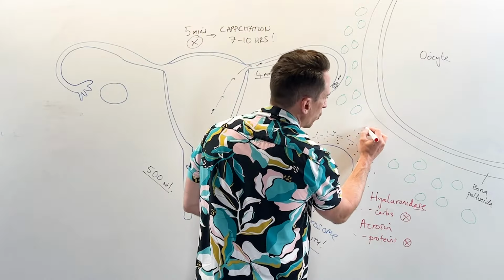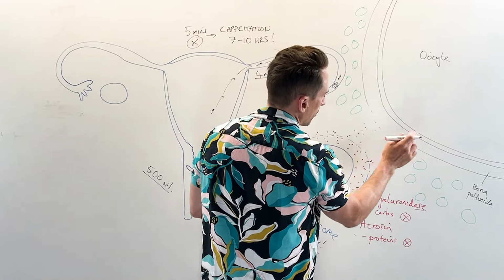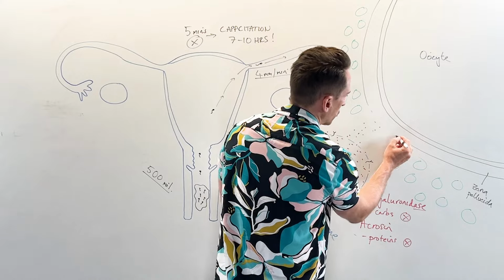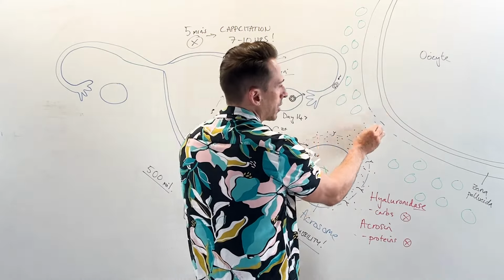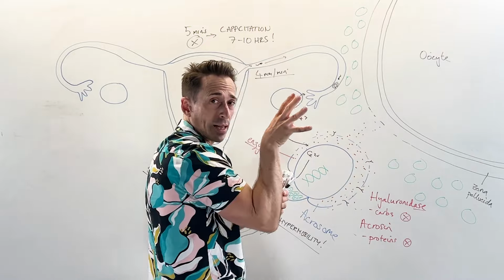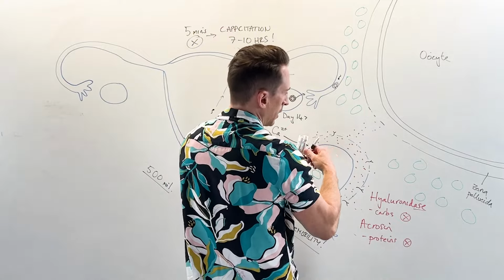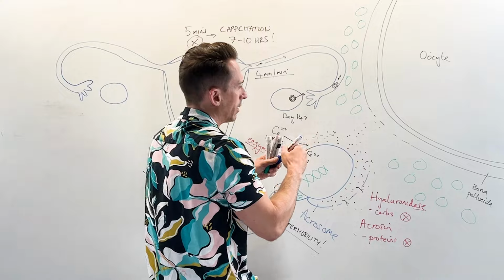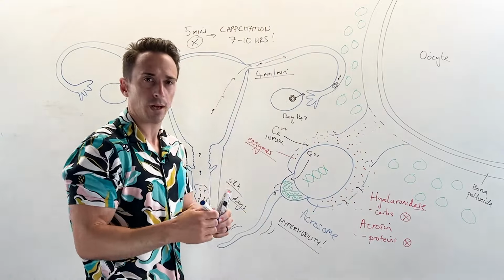These enzymes will further break down the zona pellucida, but to be honest, it won't break it down completely. I should draw it up like this. It will facilitate not only the breaking down, but because this wall's weakened and we've got these receptors, or at least these binding molecules available, the sperm itself can now bind with the zona pellucida.